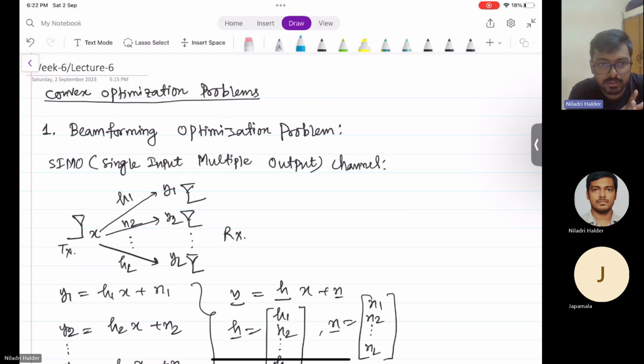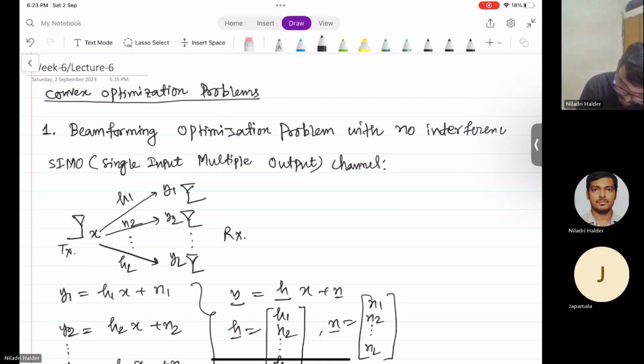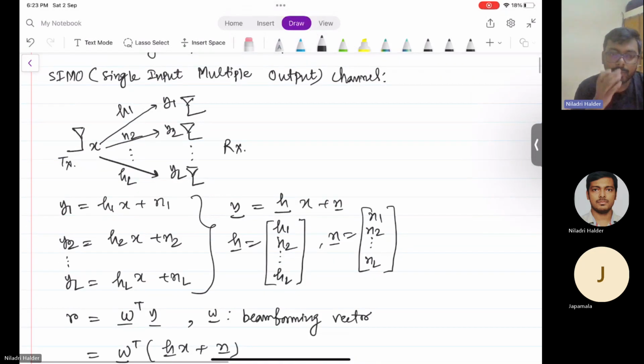Here we have taken a SIMO channel, one single input and multiple output channel, so there is no interference.